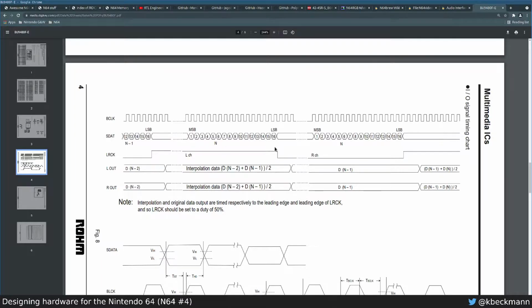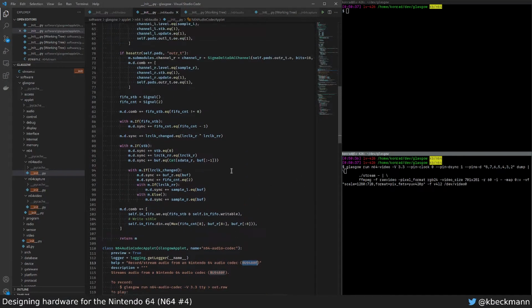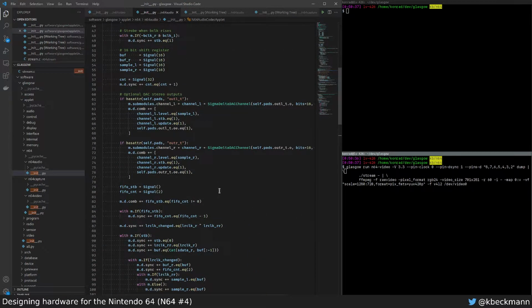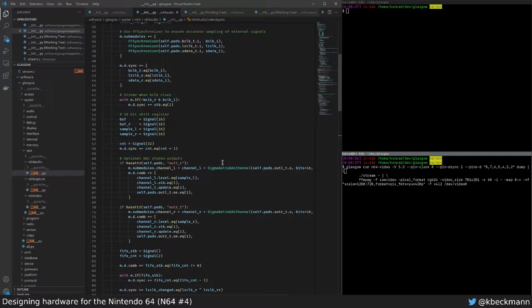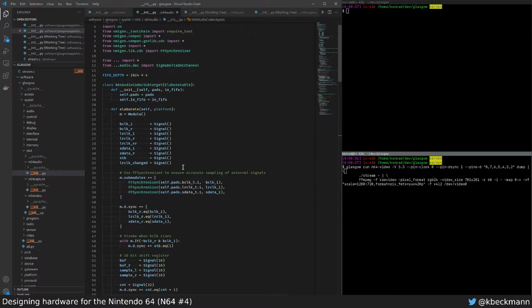At least this part is correct, that you get a right-aligned data packet. The least significant bit is aligned to just before the LR clock goes low, and then you have 16 bits to the left of that. So I wrote some logic to packetize that into samples.